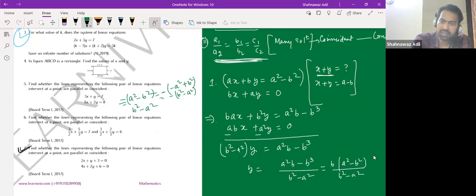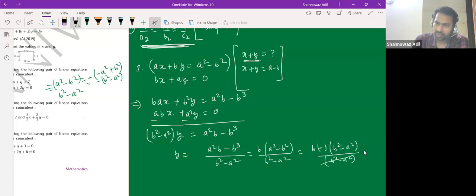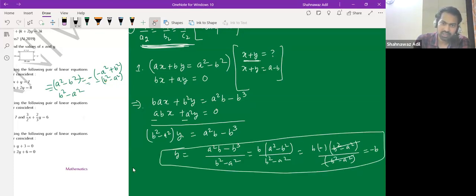So I can write this as minus of b square minus a square, and then b square minus a square cancels. So why are we getting minus b? Right, everyone?